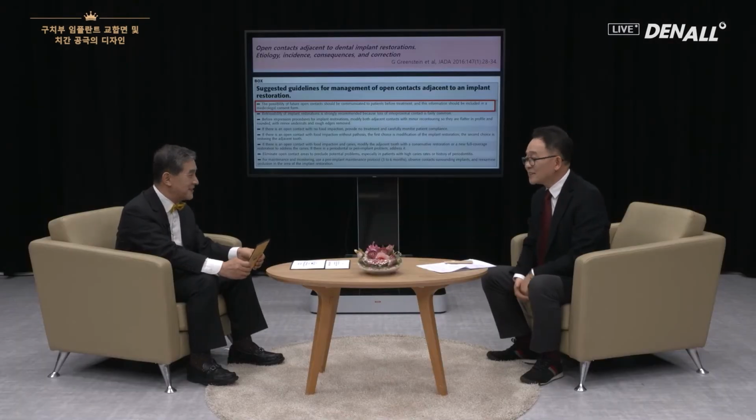So we are gathering a lot of data in this area. Maybe the reviewer doesn't have a lot of experience with implants. So I was really baffled, and I sent the article to another journal, and it was published.